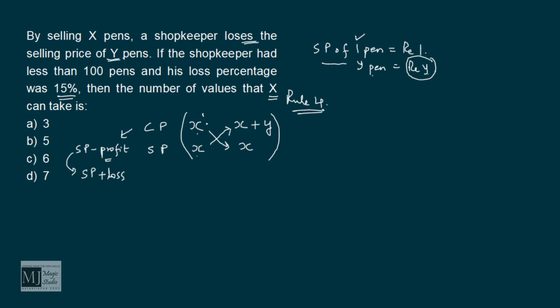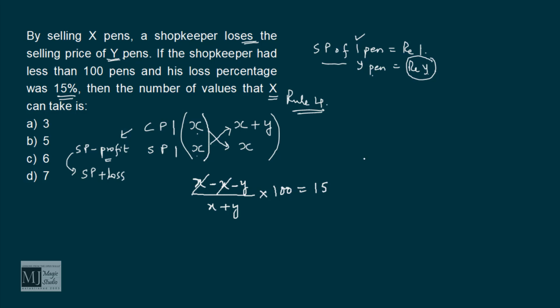Let me make this easier for you for calculation. Since these X are the same, I can reduce it to 1:1 format. So 1 into X is X, then minus (X minus Y) upon (X plus Y) into 100 equals 15. 15% is the loss, so we have written 15. No need to put a minus sign because we will get a minus sign here.